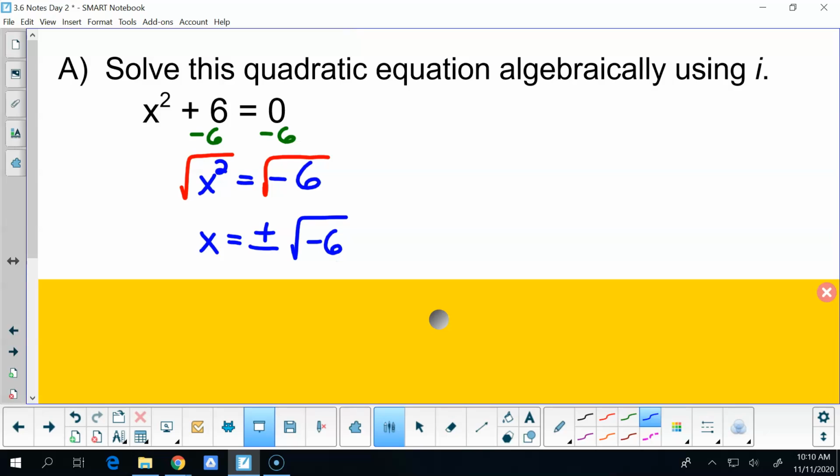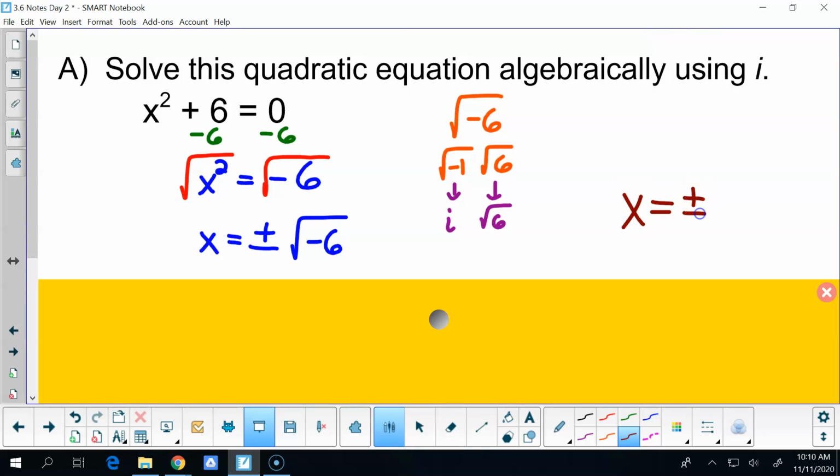The square root of negative 6 is the square root of negative 1 times the square root of 6. The square root of negative 1 is i. The square root of 6 is just the square root of 6. So my final answer here would be x equals plus or minus i times the square root of 6.